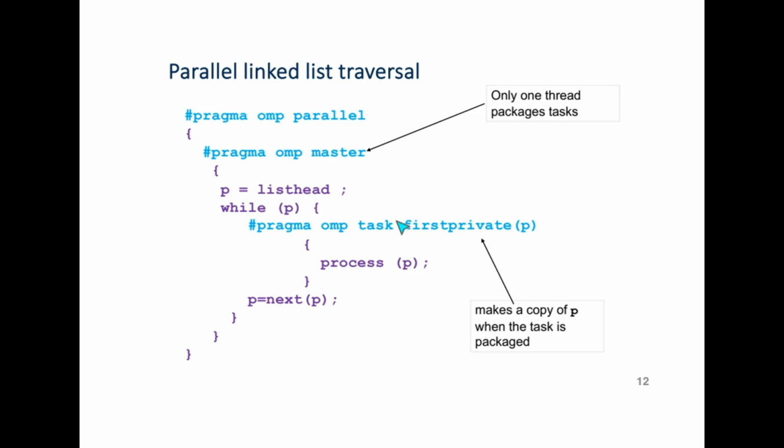For regular parallel regions and loops, you don't often need firstprivate. So just to remind you what that does: for a parallel region, firstprivate gives every thread a private copy of the variable, and it gets initialized with the value that the existing variable had when the parallel region started.